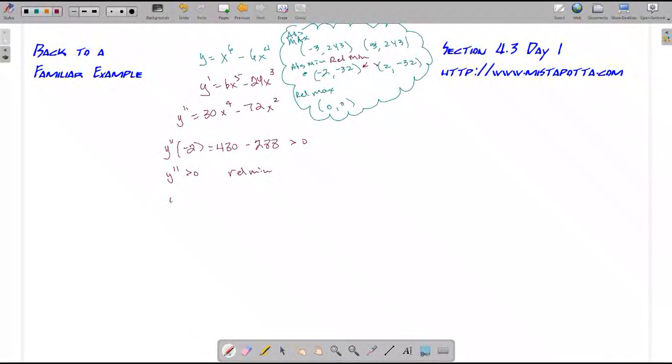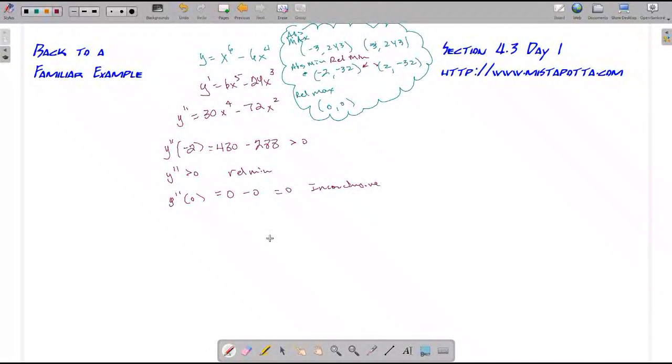When I take a look at the second derivative at 0, now I'm looking at 0 minus 0, and this was one of our inconclusive cases.